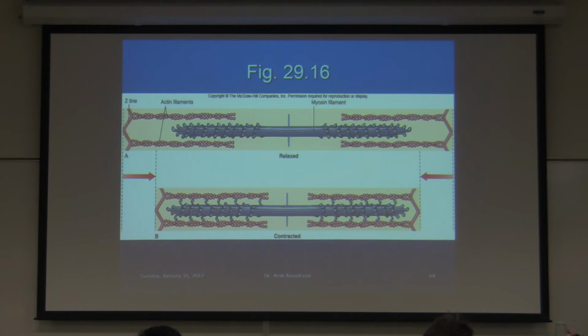I should write it down. And you know about A and I. So the I band gets shorter during muscle contraction. And the Z lines get closer together. The H zone gets shorter, and some textbooks say it disappears.